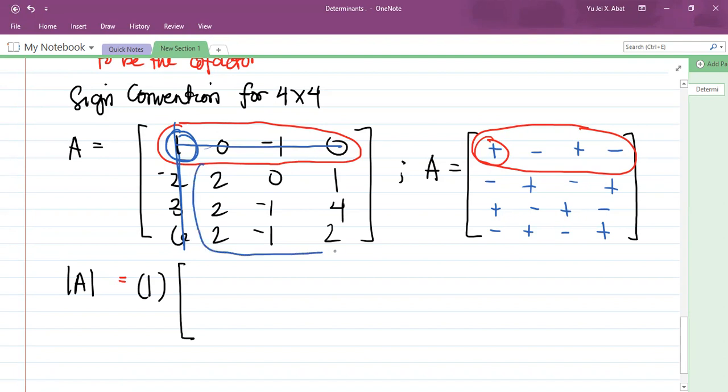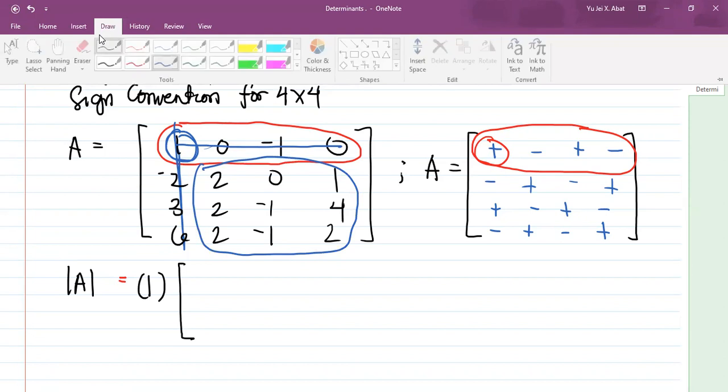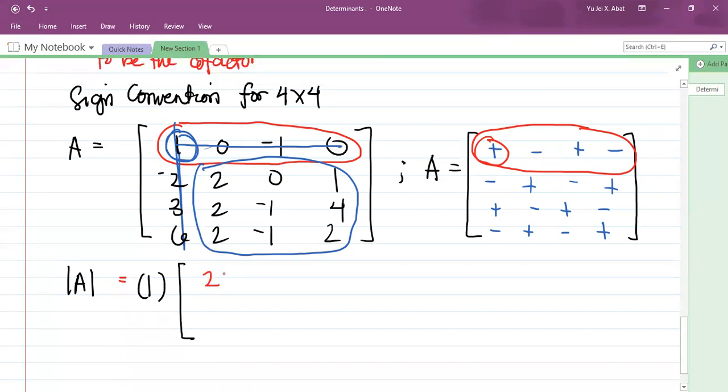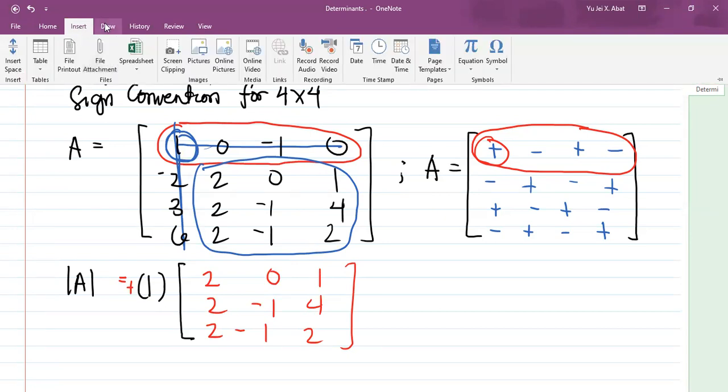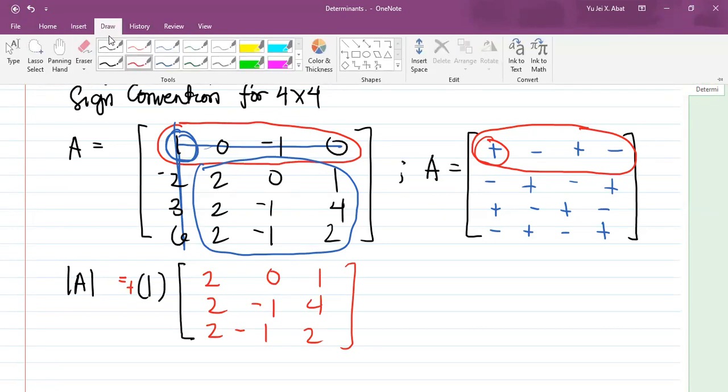Ito. Okay? So, yan ang isusulat ko. So, magiging 2, 0, 1, 2, negative 1, 4, 2, negative 1, 2. Applying the sign convention na positive yung 1 ko.